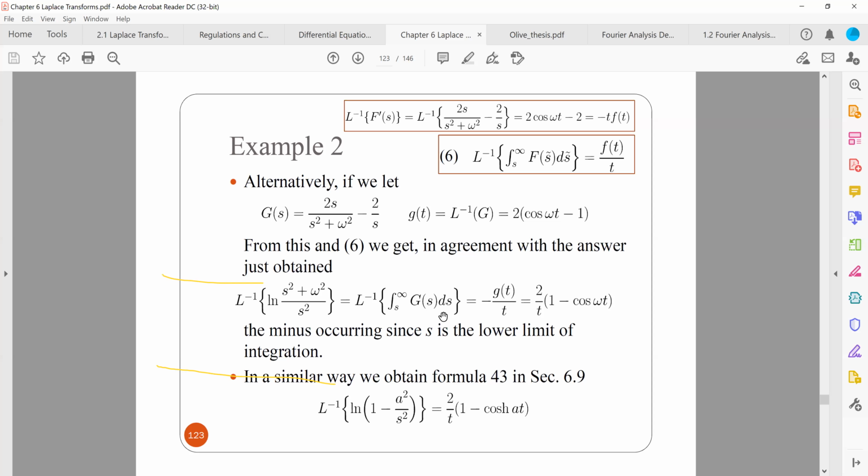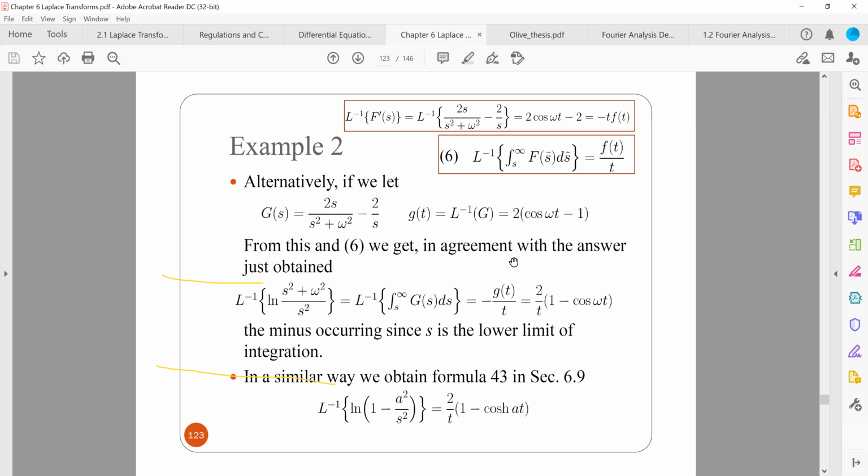And using the integration that we've just looked at previously, we know that the Laplace inverse of the integral of the Laplace transform is equivalent to getting some term g(t) over t. Before we had looked at f(t), this was F(s), but now it's g(s).